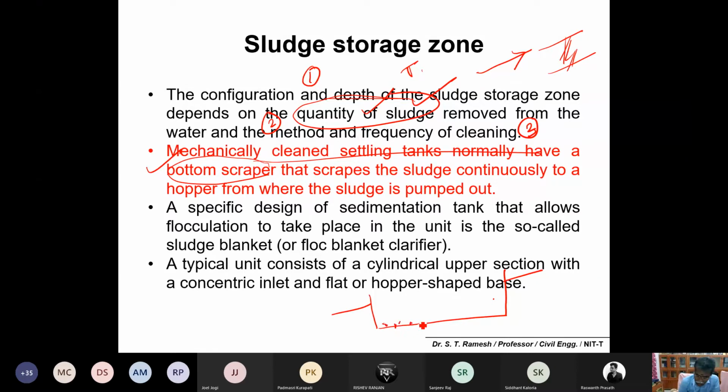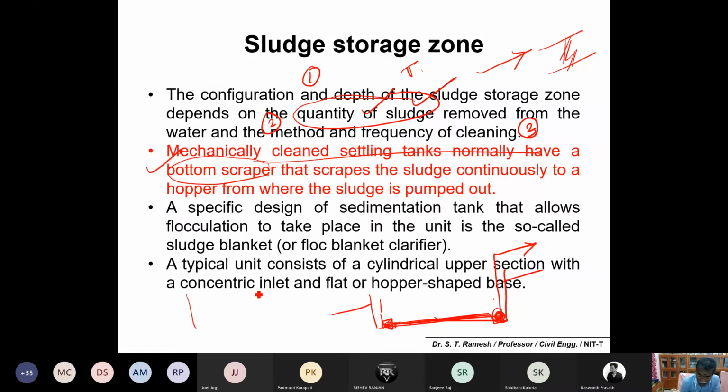The particles may settle here and there, and this could be the lowest portion from where I can pump it out. So what if I have a mechanism to scrape the bottom with scraper blades, and if you operate from one direction to the other, I could scrape all the settled solids to a common point?